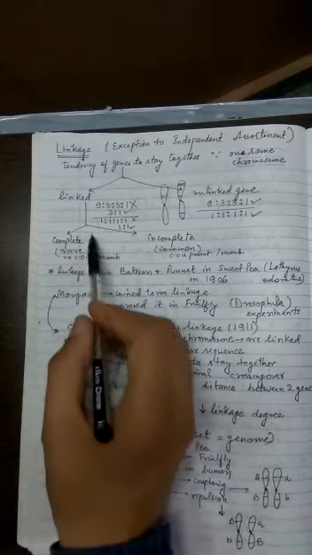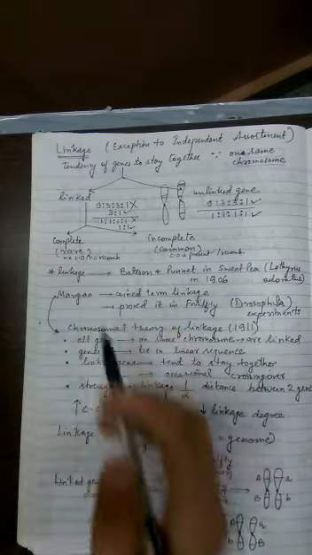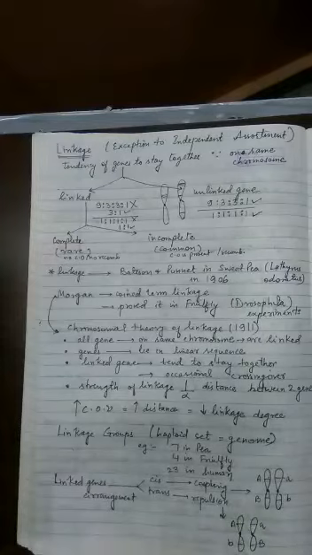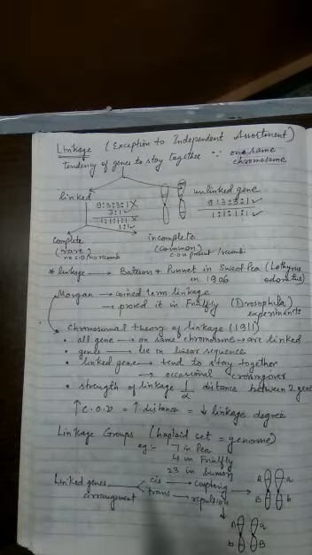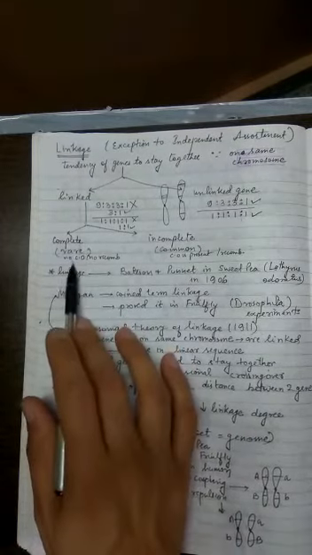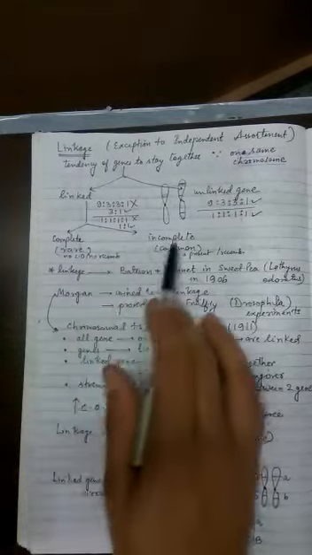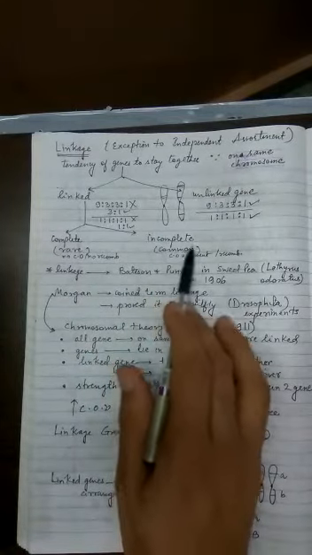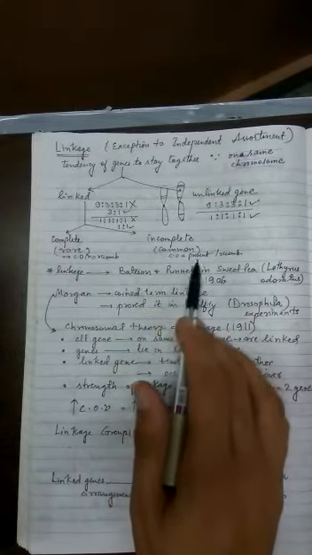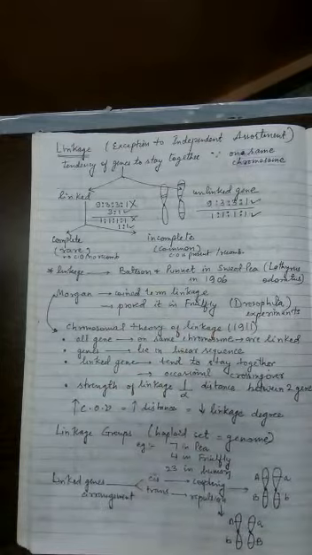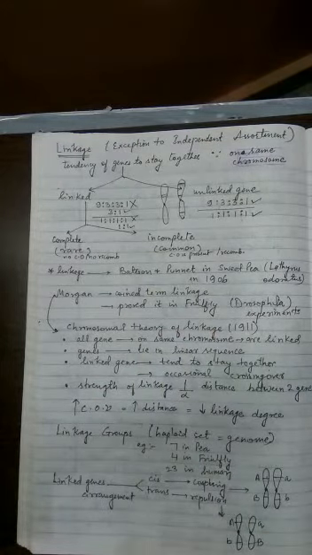But remember, such genes are very rare because most genes will allow some degree of crossing over, maybe very little. So complete linkage will never allow recombination, and incomplete linkage is very common and will allow some amount of recombination. This is how complete linkage is different from incomplete linkage.